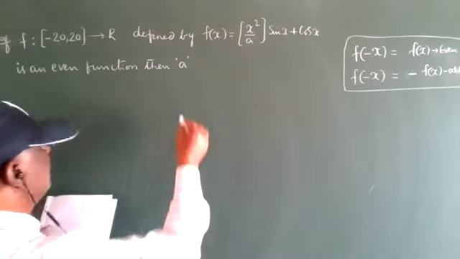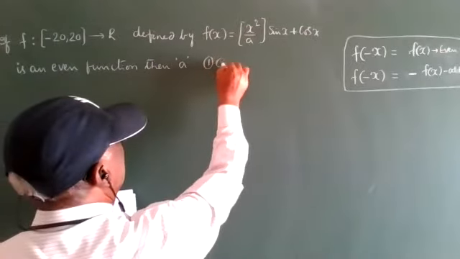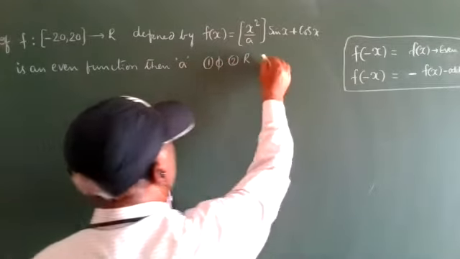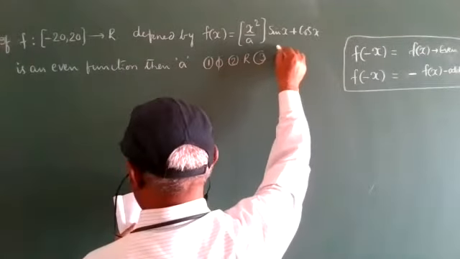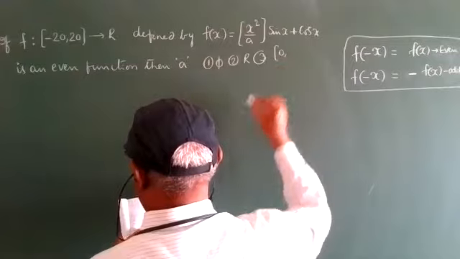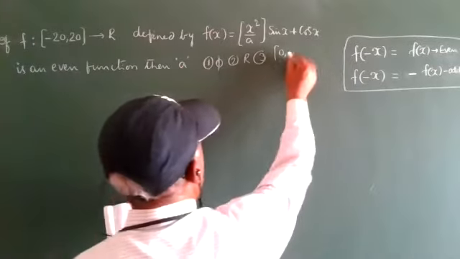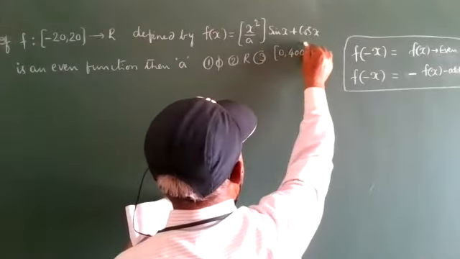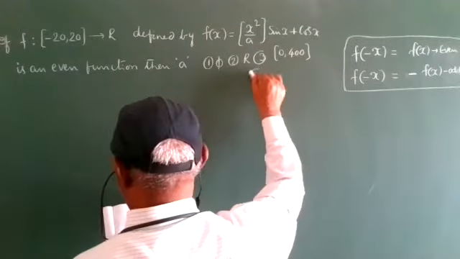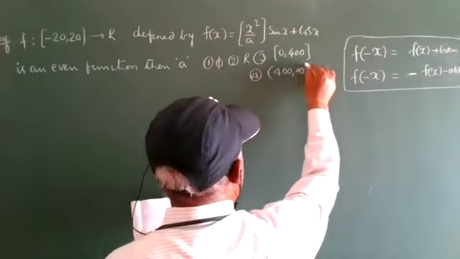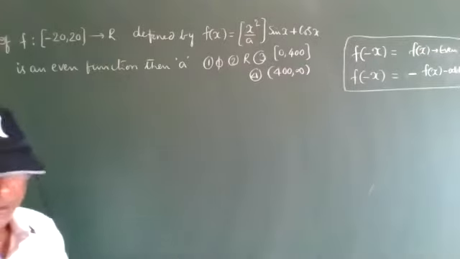The first option is the empty set, the second option is the real set, the third option is 0 to 400, and the fourth option is 400 to infinity. Right?